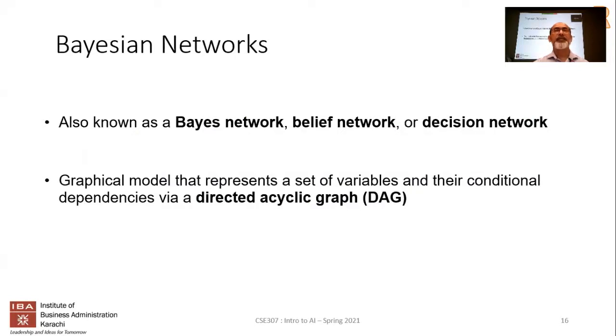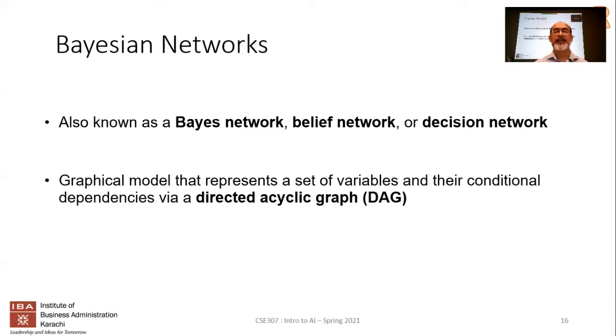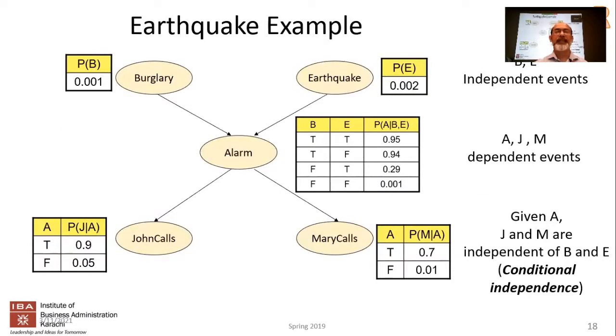We started talking about Bayesian networks, and we said that it was a directed acyclic graph. And we looked at the earthquake example. This is often also called a burglary example or an alarm example. You can use your favorite nomenclature for this.